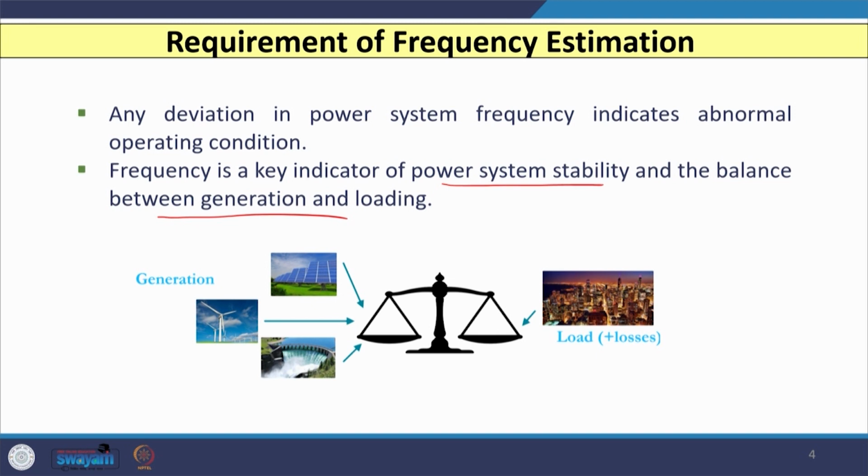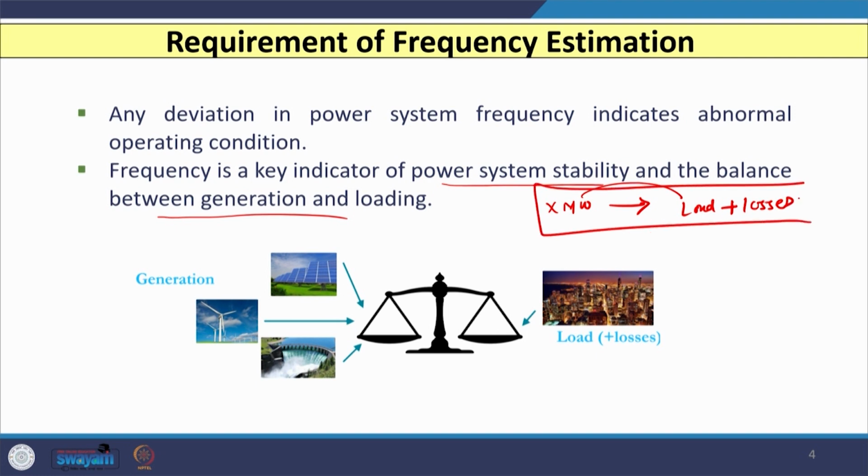Whatever generation in terms of megawatt we have, the same amount of load we need to dispense, and that includes the losses also. So, let us say if x megawatt of power is generated, then the same amount of power is required or given to the load with the losses also. This balance is extremely important, particularly when we talk about system frequency.